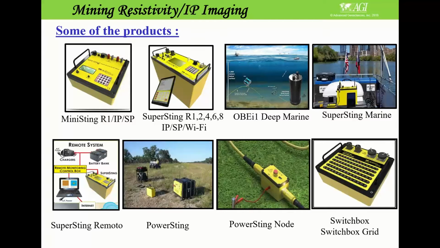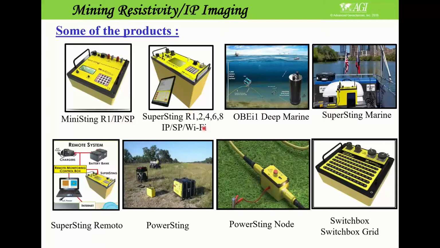Some clients already have our systems, and some have different systems. You can use manual mode measurement for very shallow studies, resistivity, IP, or SP. But the instrument mostly used is the high power output instrument we call SuperSting.